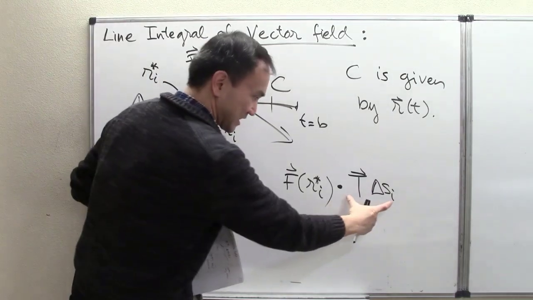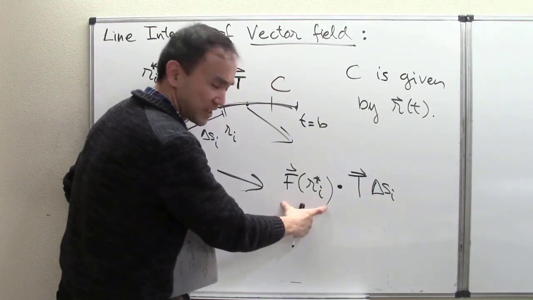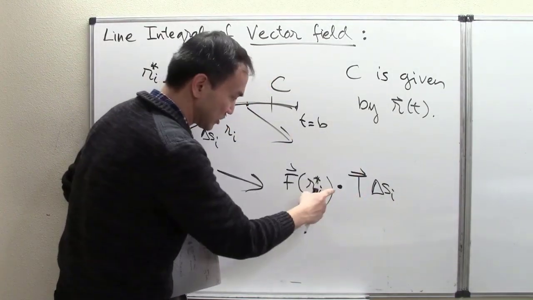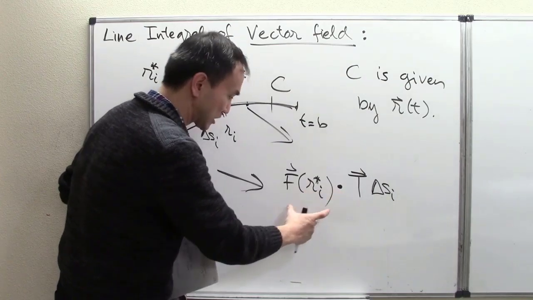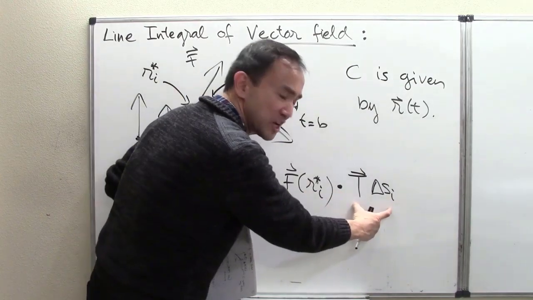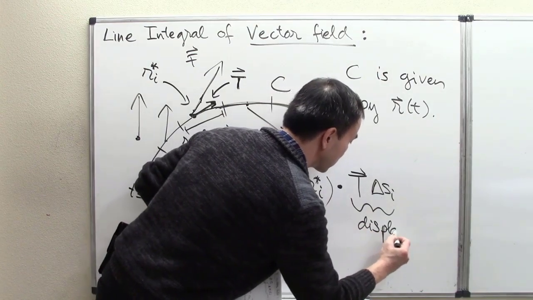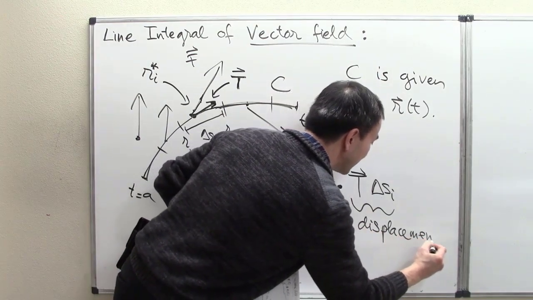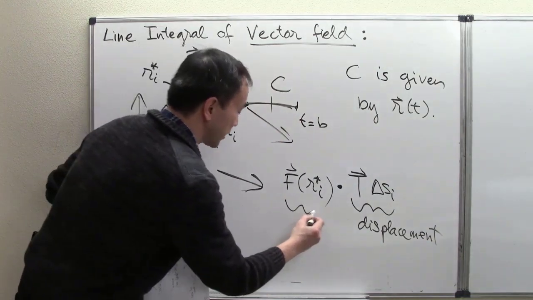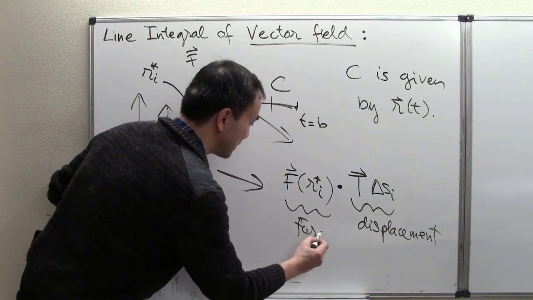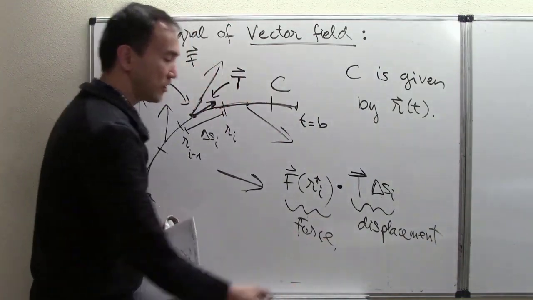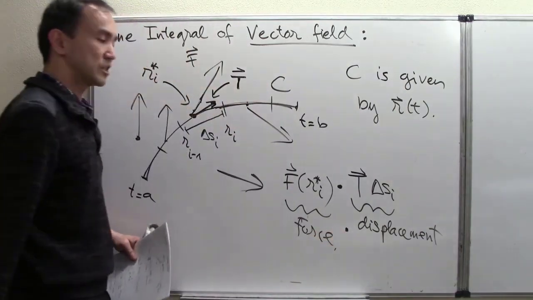That's distance multiplied with force. So in general, as a vector concept, it is a dot product between the force vector and the displacement vector. This is the displacement vector, and this is the force at that particular sample point. So force dotted with the displacement vector.